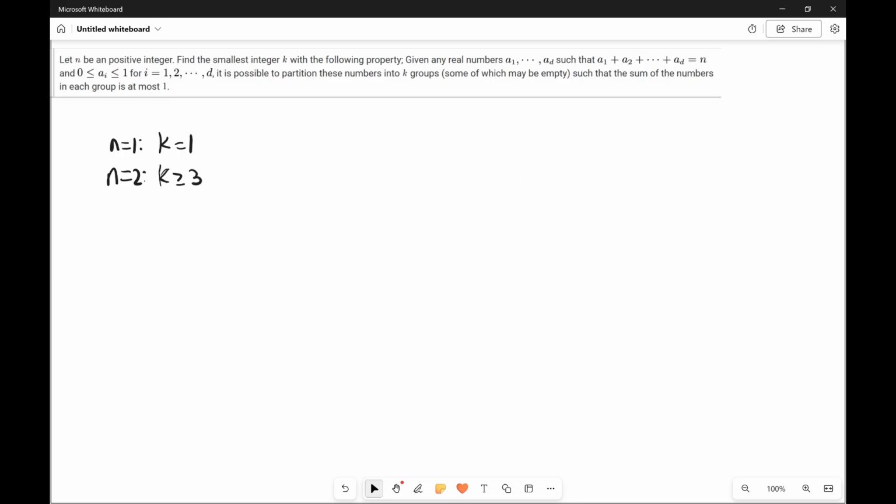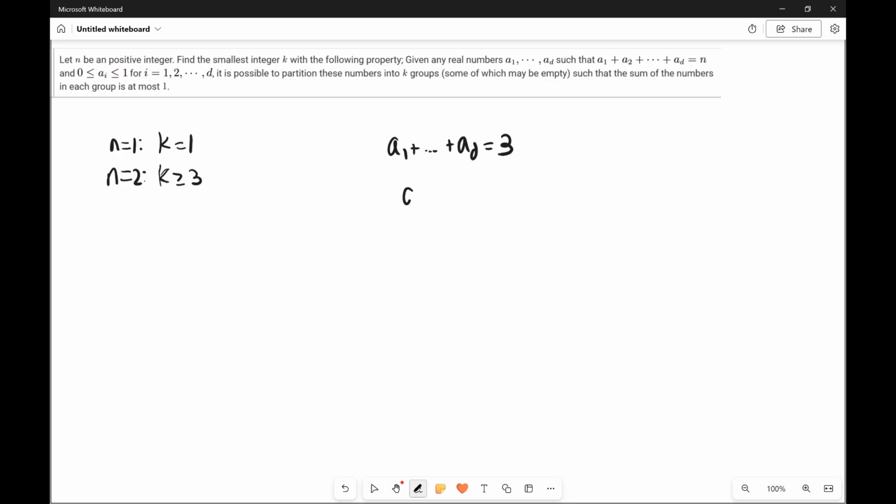So we now have a1 all the way to plus ad is equal to 3. And clearly d is at least 3 because otherwise the numbers are greater than 1. And d equals 3 makes all the numbers equal to 1, and that's a boring case. So let's set d equal to 4.